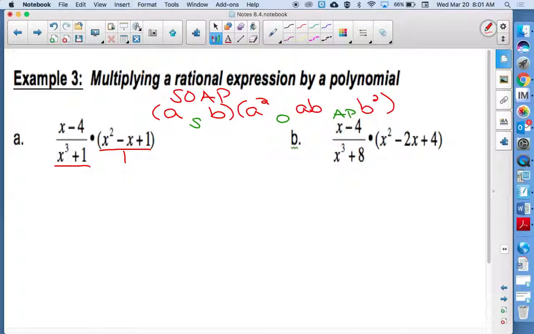So Maggie, can you factor the top, x minus 4? No, so that doesn't factor, it just stays as x minus 4. How about the bottom, Maggie? So how would that factor? What's the a term, what's the b term? The a term is x, and the b is just 1. So then how would it factor?